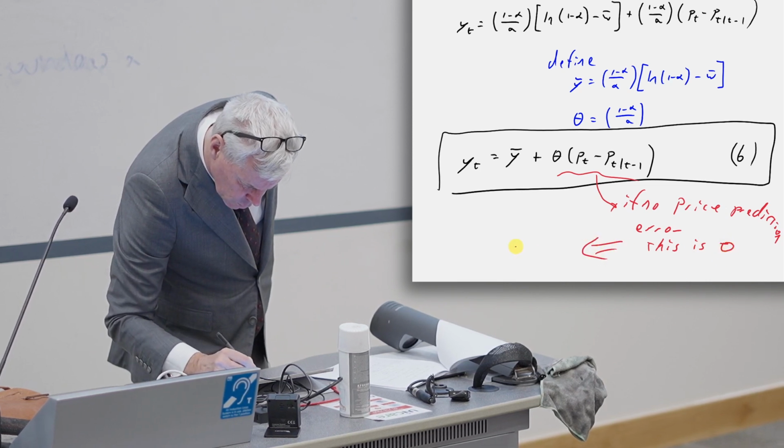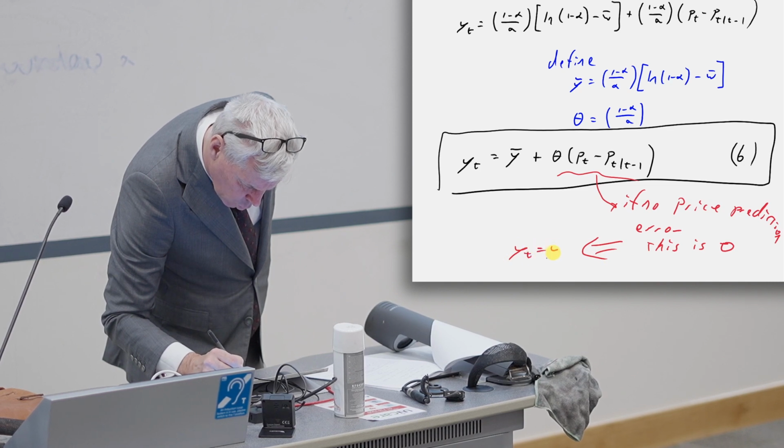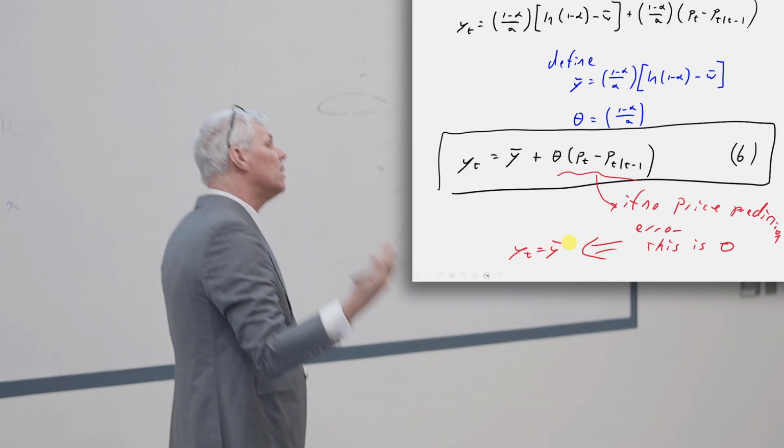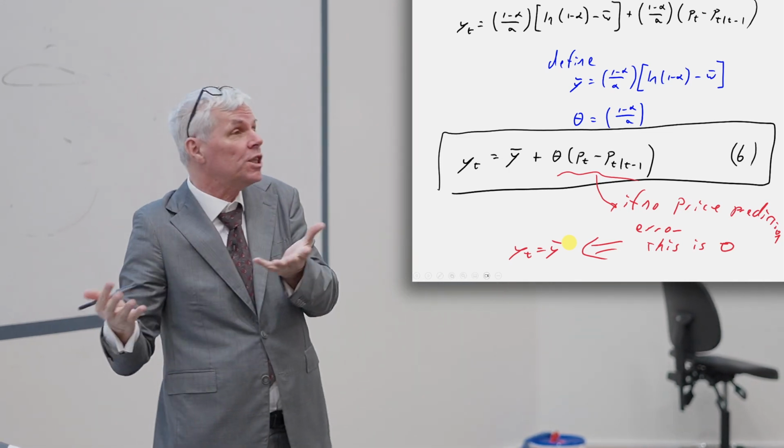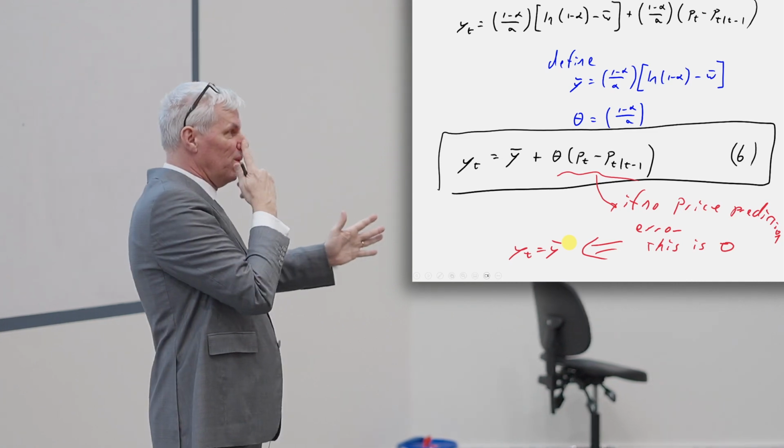Which means y_t equals y bar. So y_t equals y bar is, if we have no price prediction errors, the level of output we get.